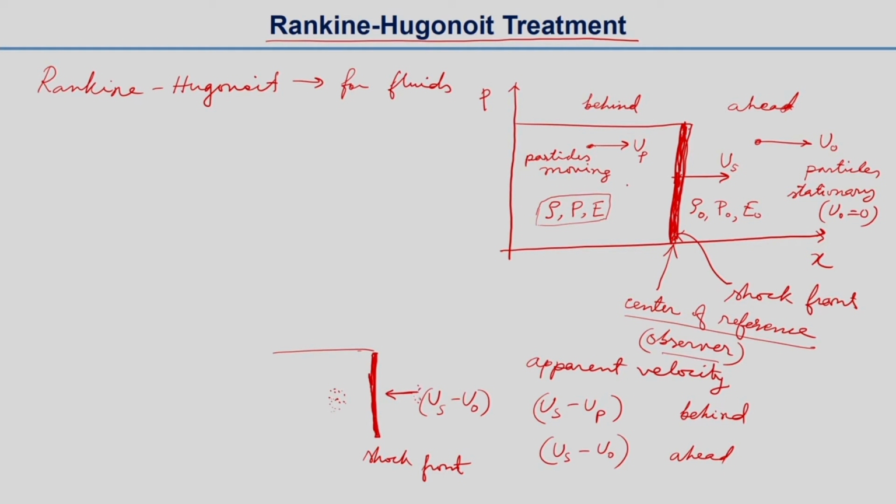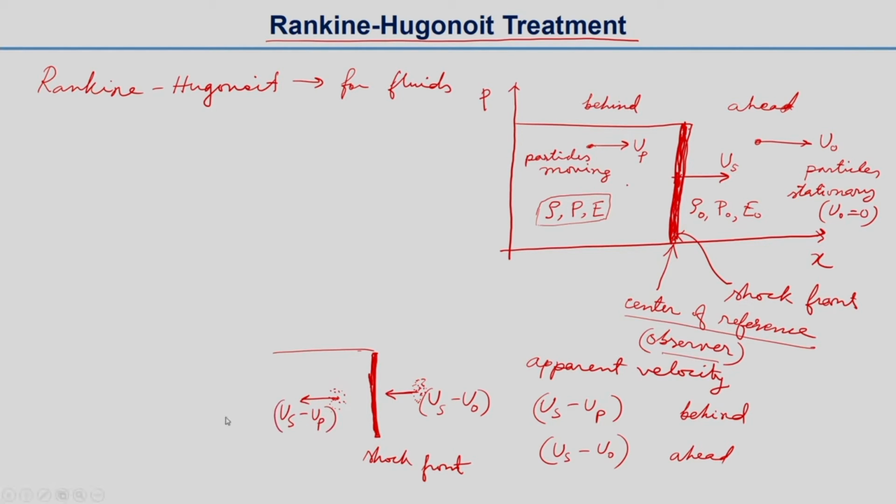Let us draw the particles here also. These particles go into the shock front at a velocity US minus U naught, and the particles behind the shock front go away from the shock front at a velocity US minus UP.